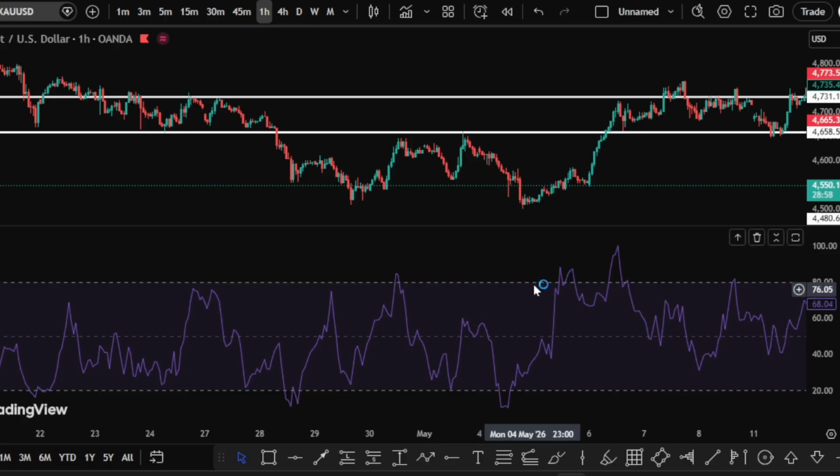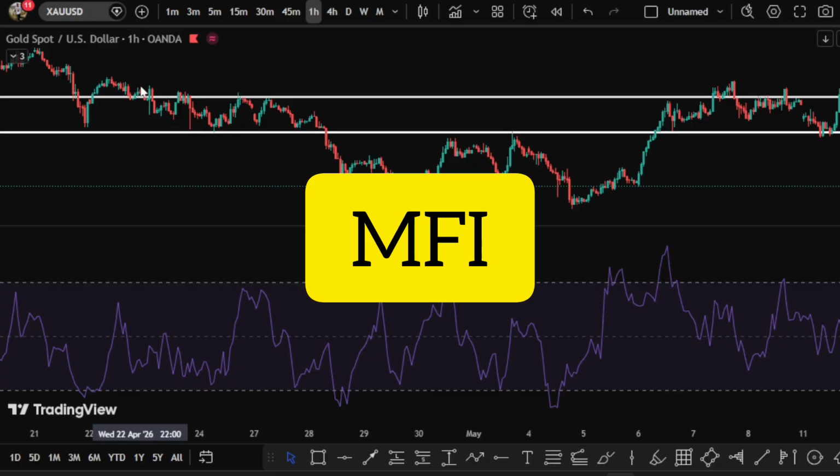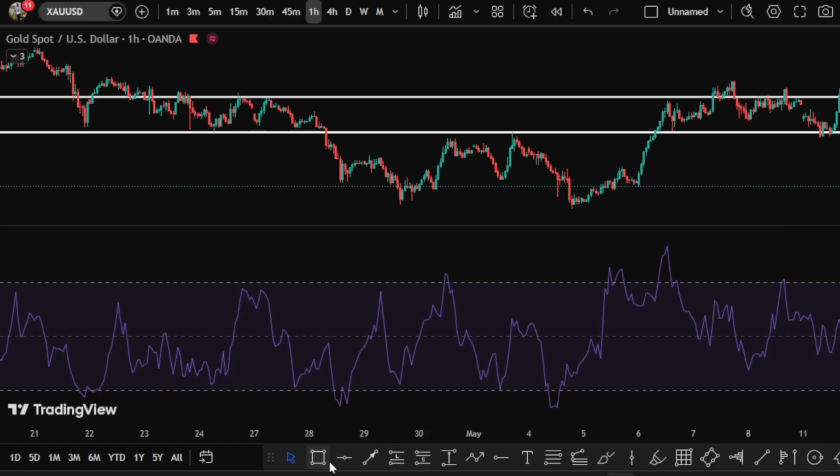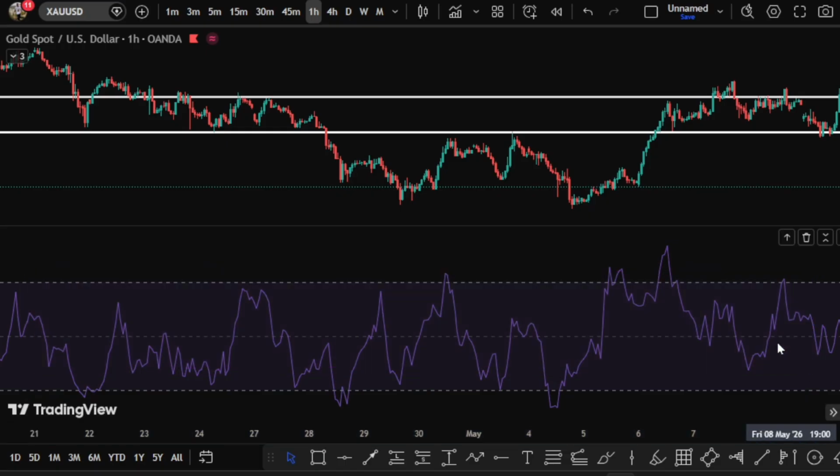Rather than doing all the calculation, when you come to TradingView, you will find that all the hard work has already been done for you. So your work will just be to plot the MFI indicator onto a chart. This one down here is the MFI indicator.